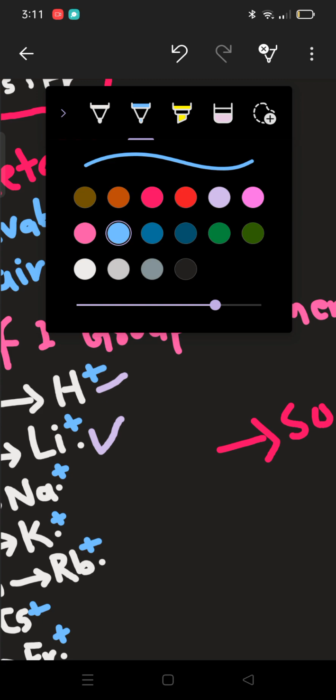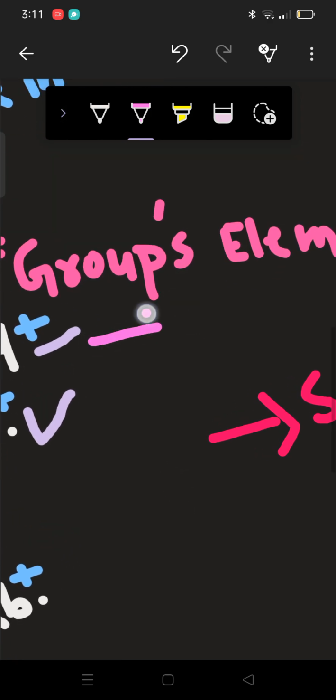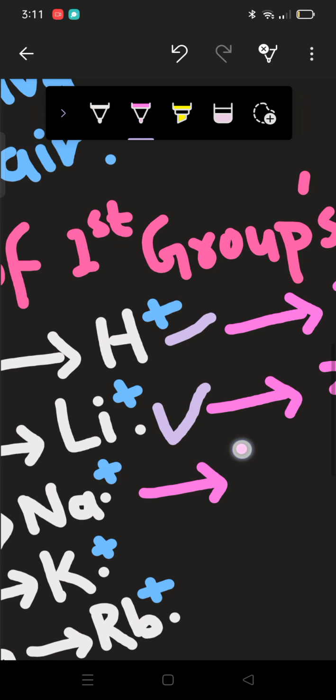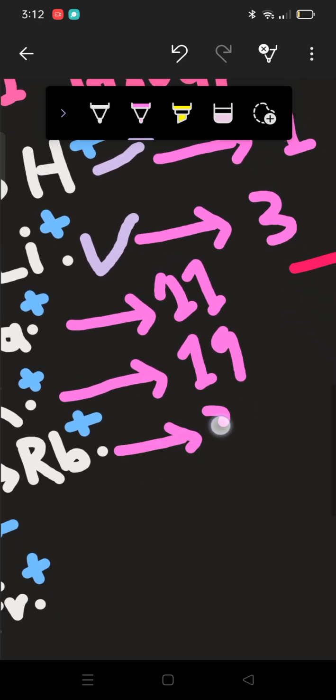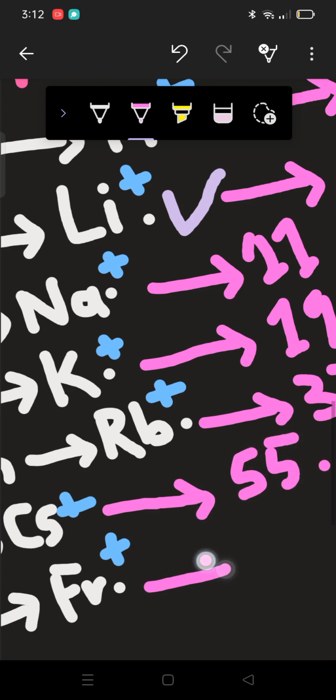Hydrogen has atomic number 1, lithium has 3, sodium has 11, potassium has 19, rubidium has 37, cesium has 55, while francium has 87.